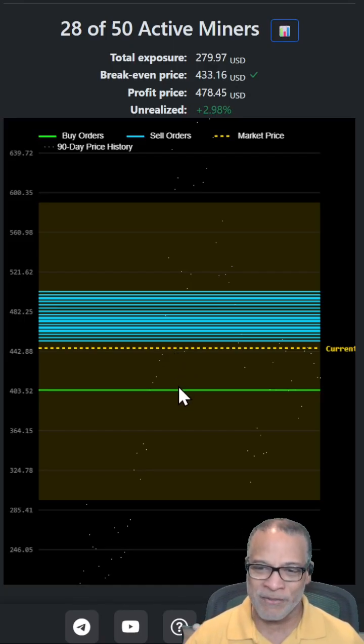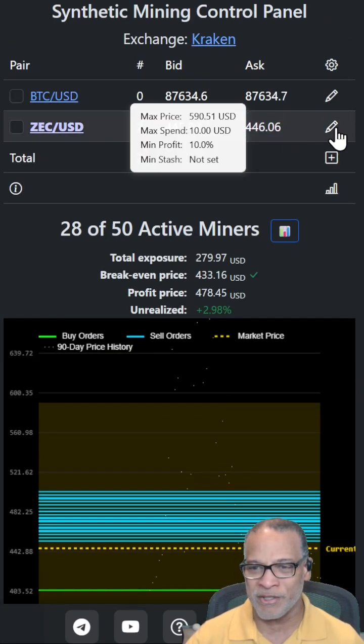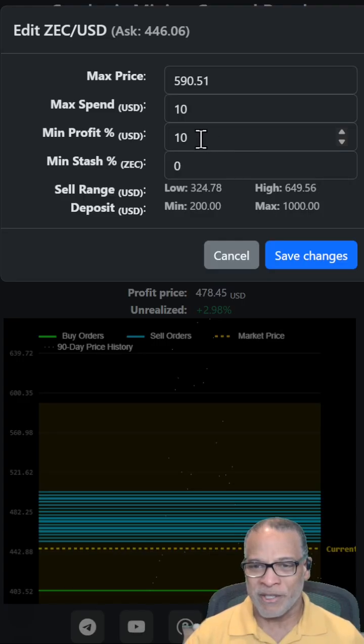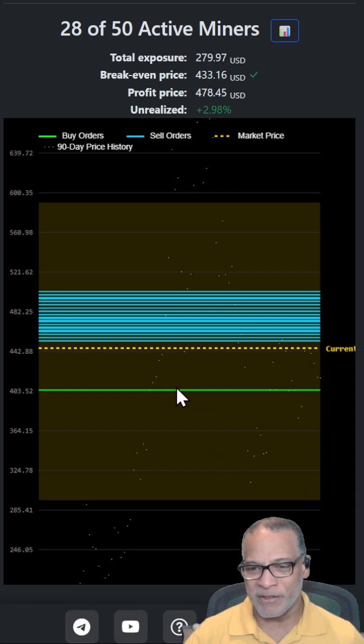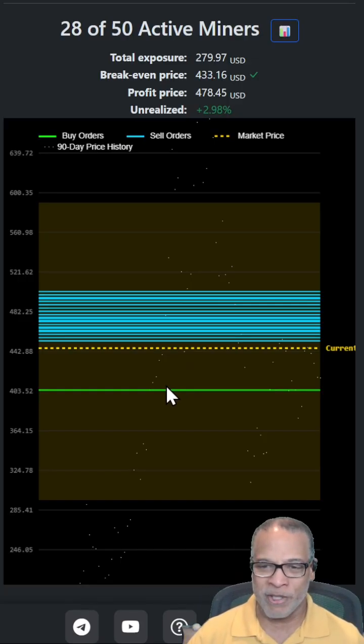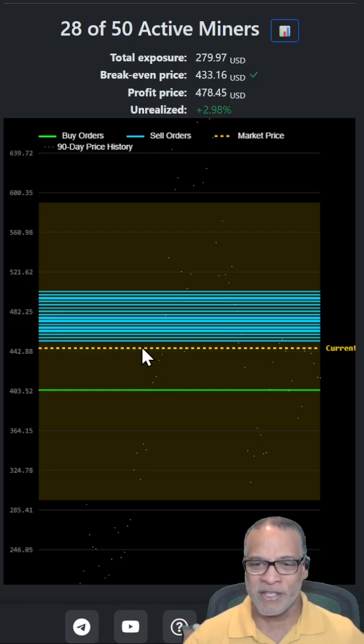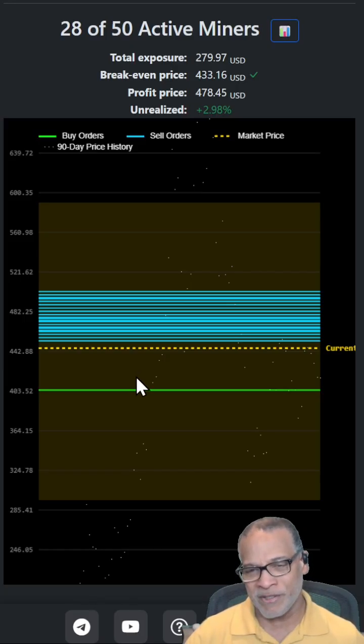Now, I could have just as easily set a 1% profit on Zcash, instead of 10%, and then the move from buy to sell wouldn't be quite so big. But I wanted to see what it would be like if I said, okay, Zcash has a 10% expected daily range, so I'm going to see what happens if I set my profit target at 10%.